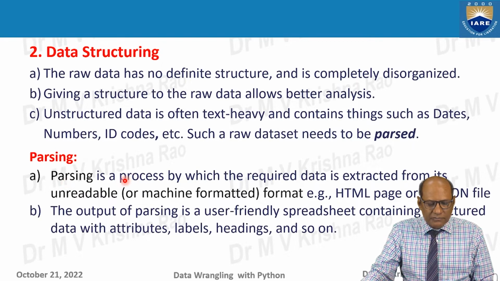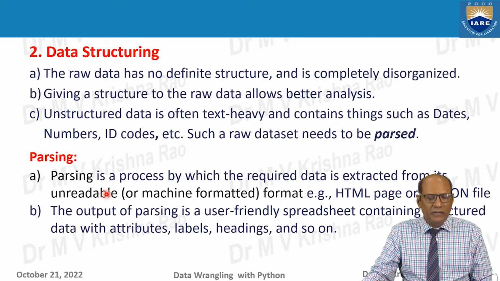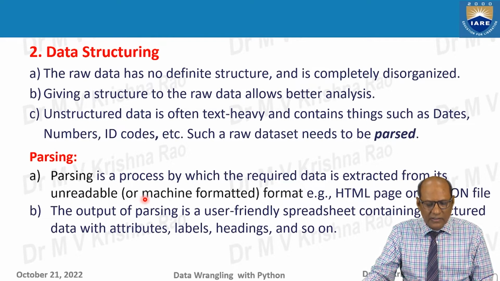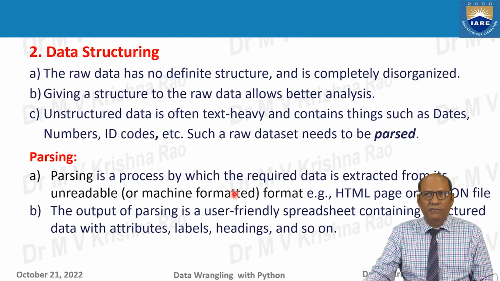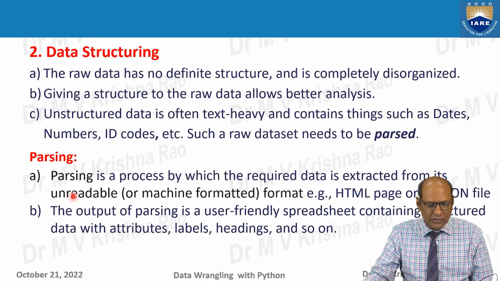What is parsing? Parsing is a process by which the required data is extracted from its unreadable form. Unreadable means human unreadable. Humans cannot read it, but a machine might be able to read it. So it is machine formatted, machine friendly, not human friendly.